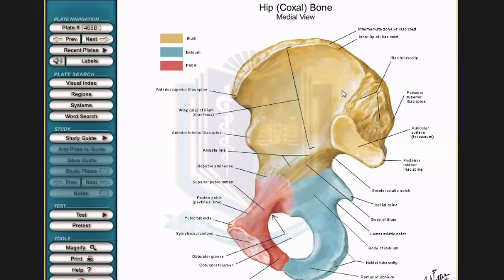In the floor of the femoral triangle. Okay, so we will see it originates from the iliac fossa and is inserted after passing through the floor of the femoral triangle. So this medial border divides it into the upper part, the iliac fossa, and the lower part, this rough area, which is the iliac tuberosity, and anterior to it is this ear-shaped area, the sacropelvic surface or the auricular part.